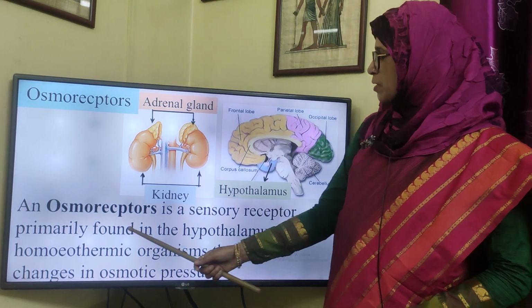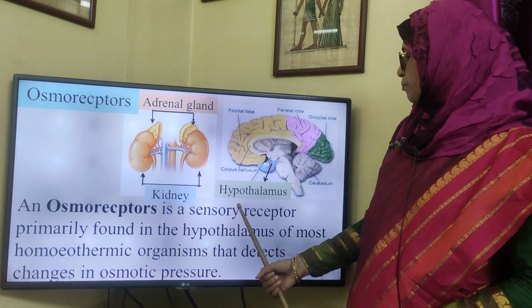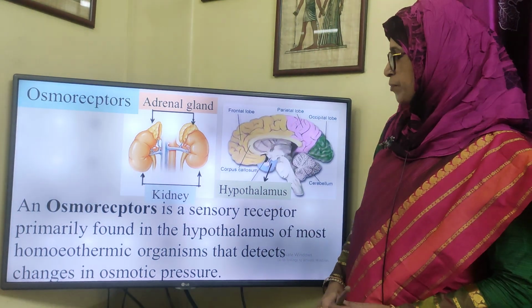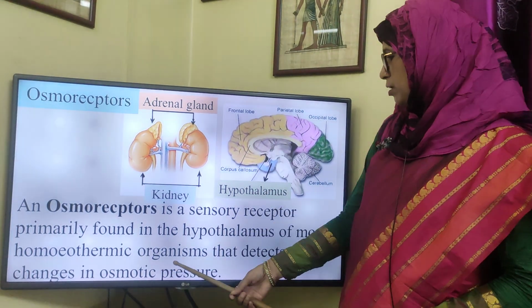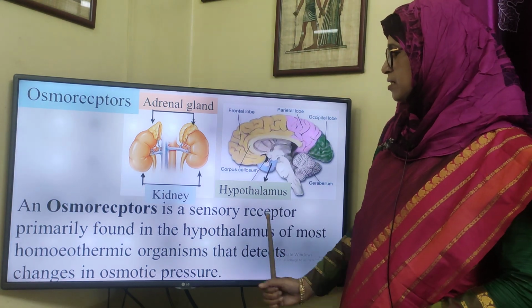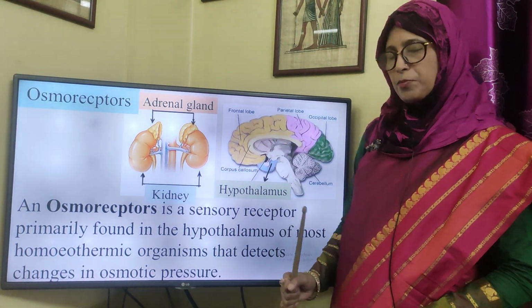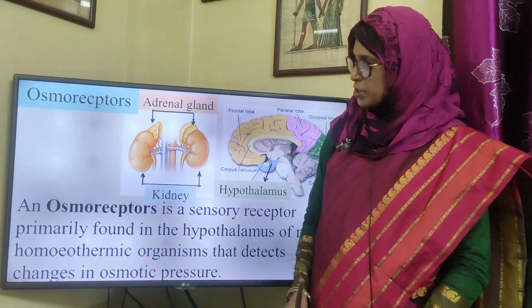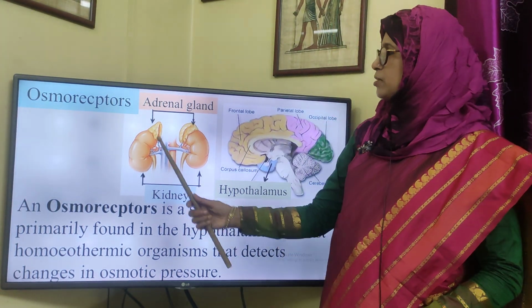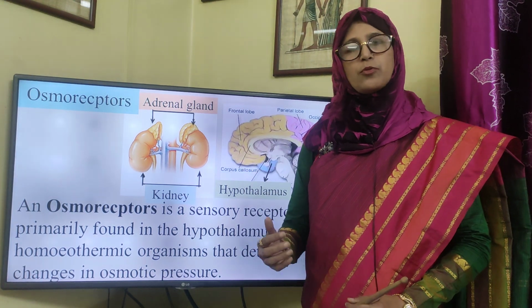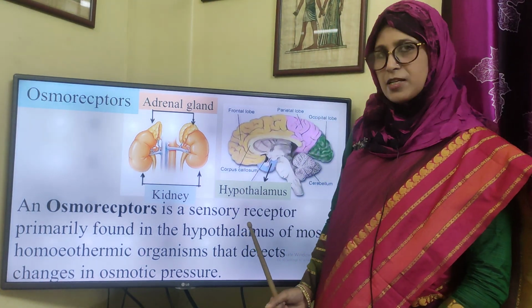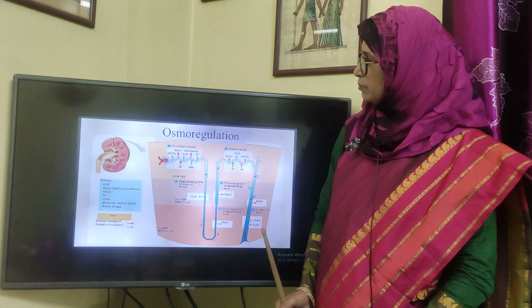Most of the time, osmoregulation involves a sensory receptor found in the hypothalamus that detects the change in osmotic pressure, which is a sensory organ.